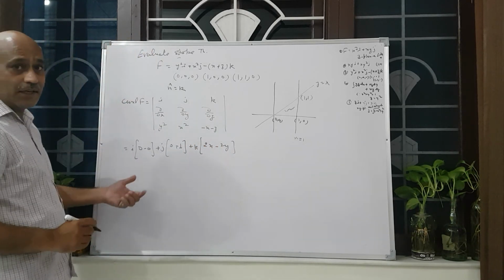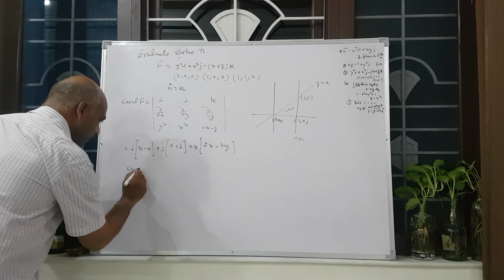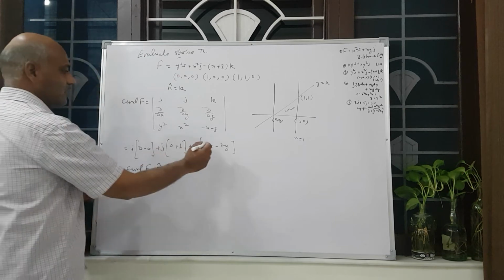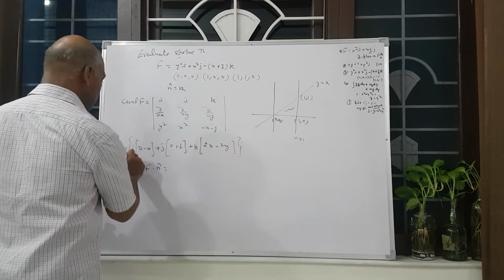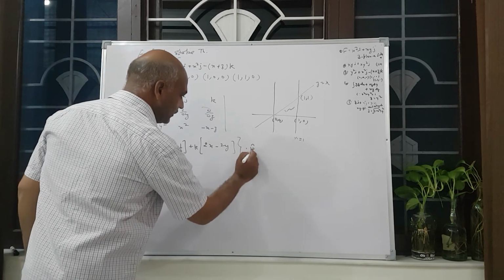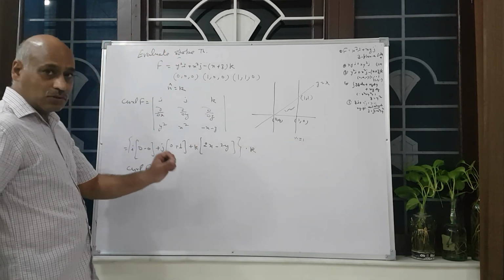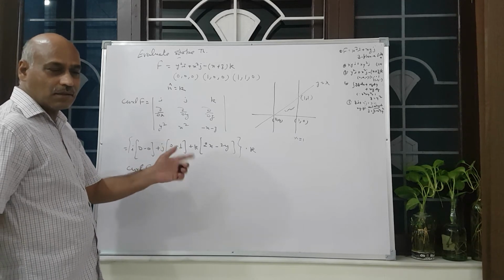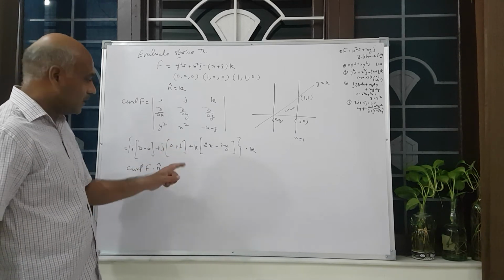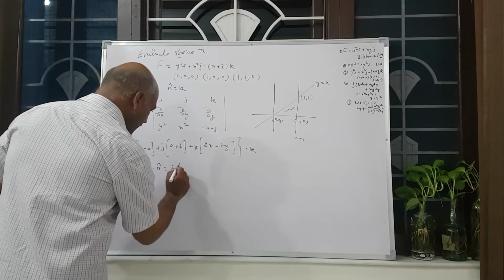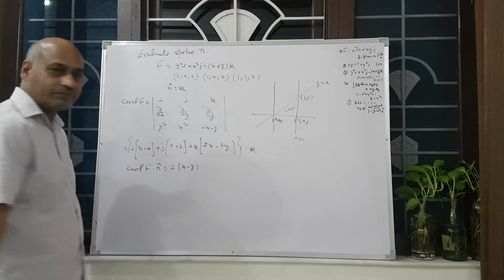So curl f dot n cap means this one dot k. So dot product: i dot i is 1, j dot j is 1, k dot k is 1, otherwise all 0. So this becomes all 0, only this one, 2x minus 1.